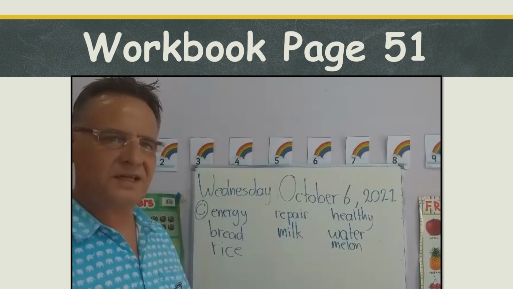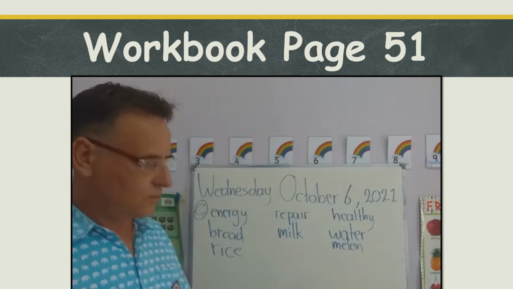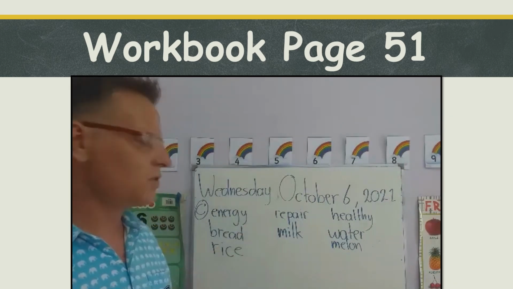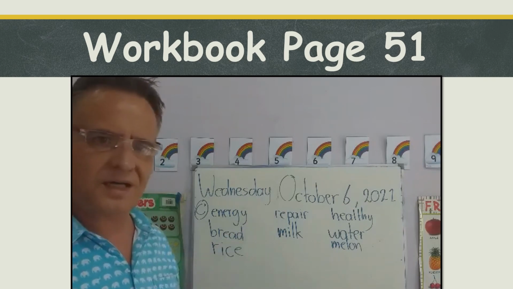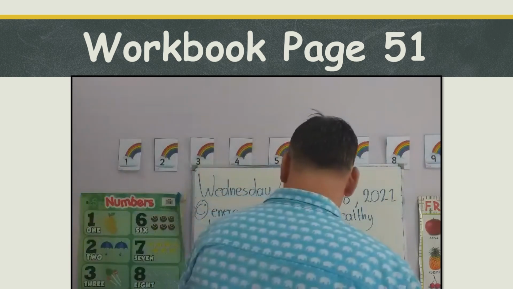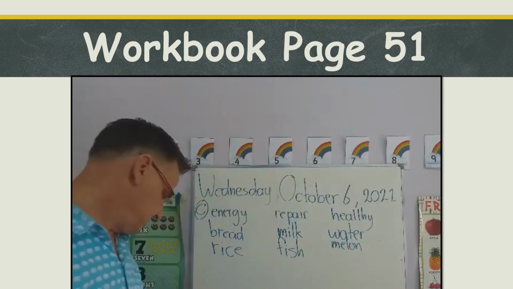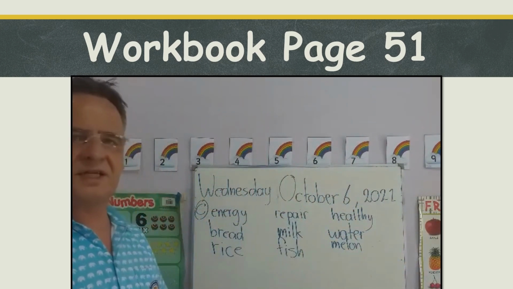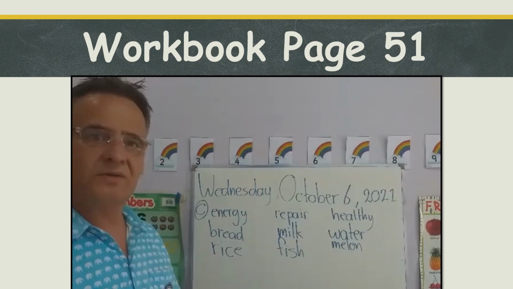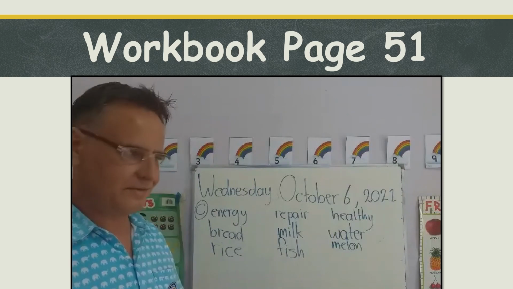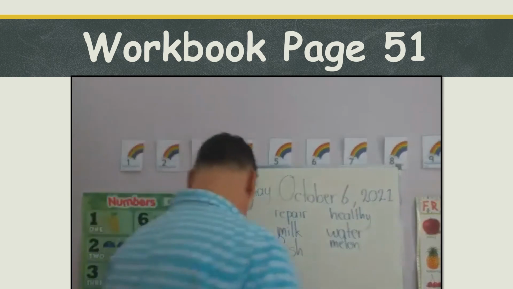What is in fish? I told you already during the vocabulary, there's a lot of proteins in fish. So we need proteins to be strong so we can repair our body. So fish goes under repair. Next one, cabbage. Cabbage is a vegetable, and vegetables contain vitamins. So cabbage goes under healthy.